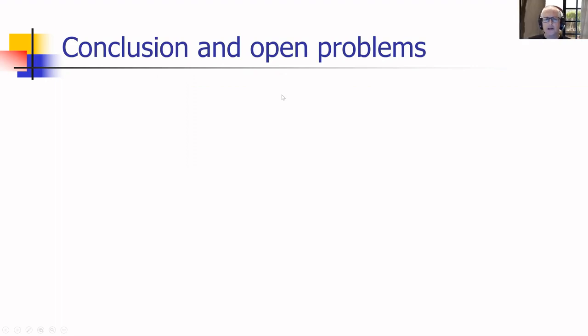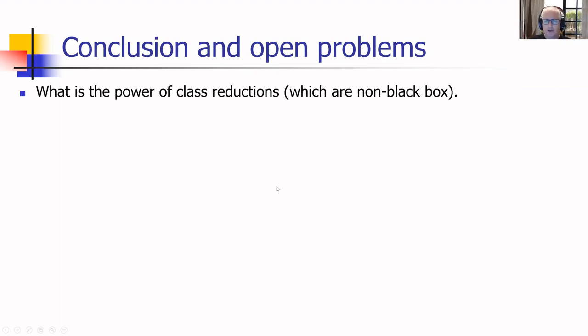So now let me conclude. The main issue in this work is trying to understand the power of class reductions which are non-black box. It is known, as I said earlier, that in some cases, class reductions are able to break black box impossibility results.